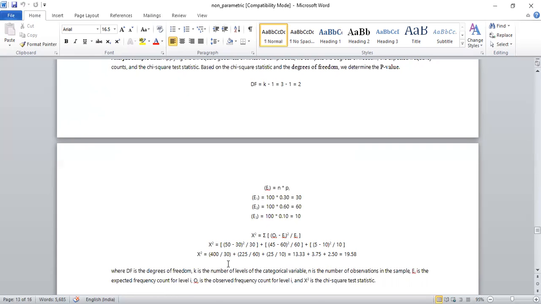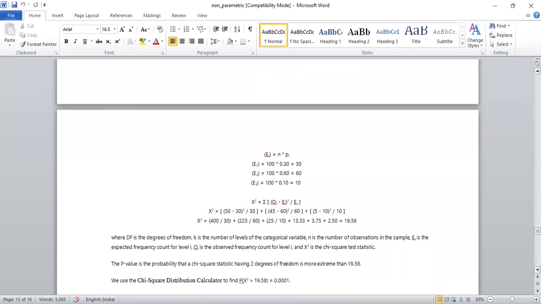Here, degree of freedom is the degrees of freedom, k is the number of levels of the categorical variable, n is the number of observations in the sample, Ei is the expected frequency count for level i, Oi is the observed frequency count for level i, and chi-square is the chi-square test statistic.